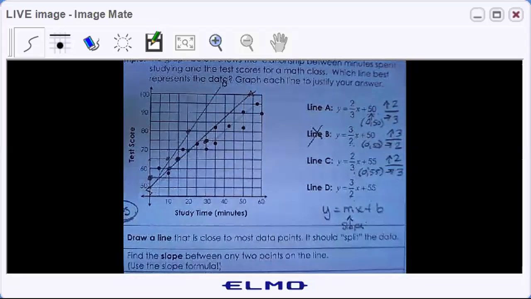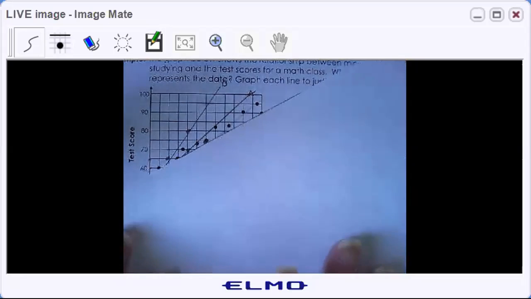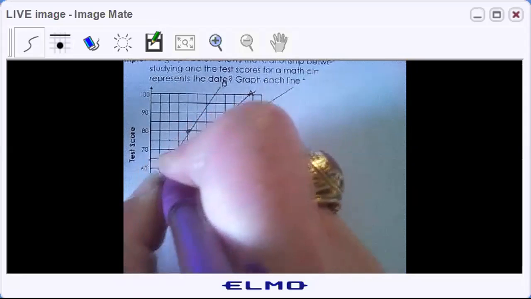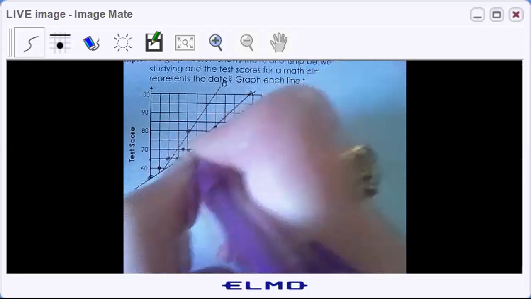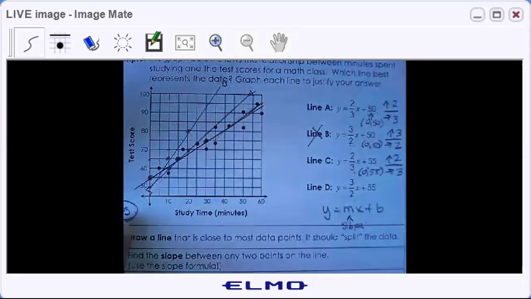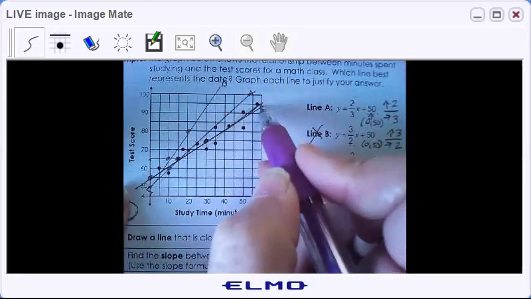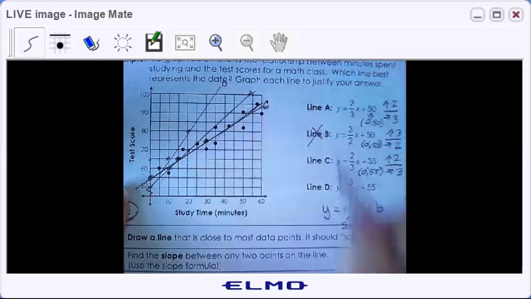Now let's trace it out. My graph's getting kind of crowded here. So here we go. Well, that one might even be closer than my first one. So line C is still in the running.